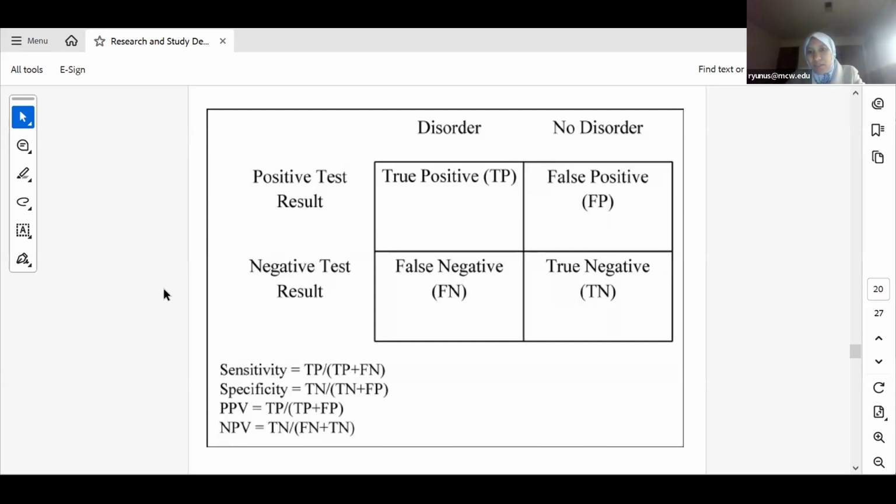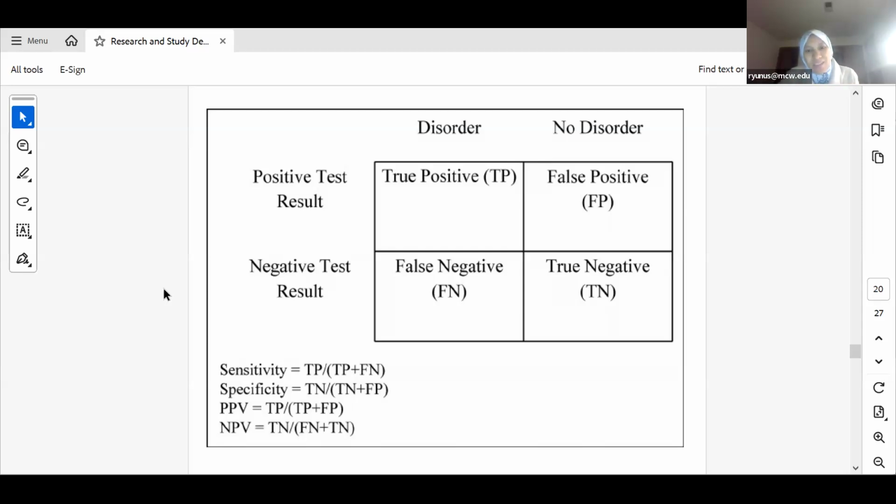The box to its right says false positive. That means you test someone, the result comes back as positive, but the person actually does not have the disorder. The person is not sick, but the test is telling you that she is sick. So that is a false positive case. Now the second row, the first box on the left side, says false negative.